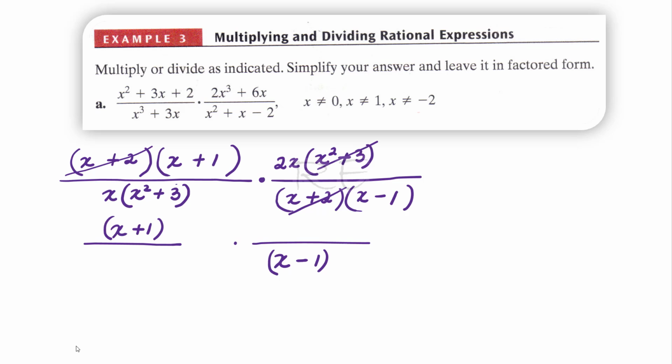And x squared plus 3 over x squared plus 3 is 1. X over x is also 1. We're left with 2. The answer is 2 times x plus 1 divided by x minus 1.